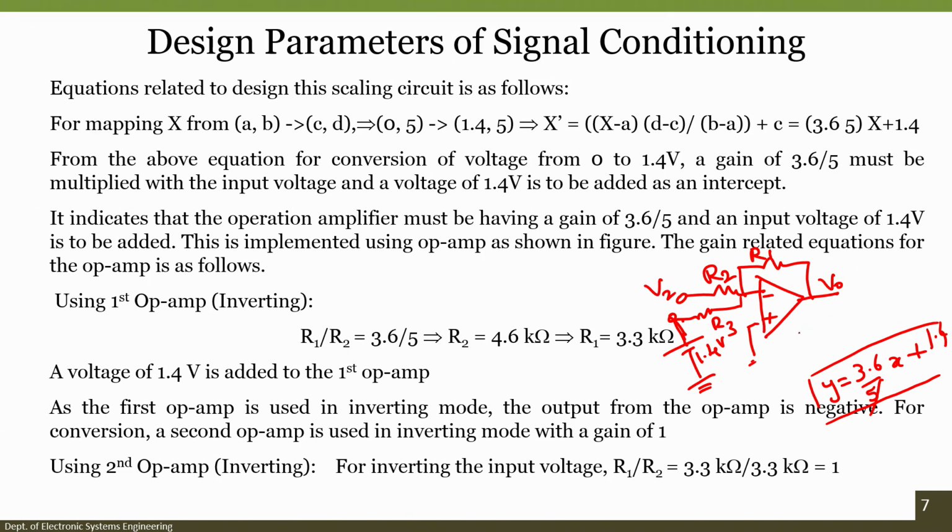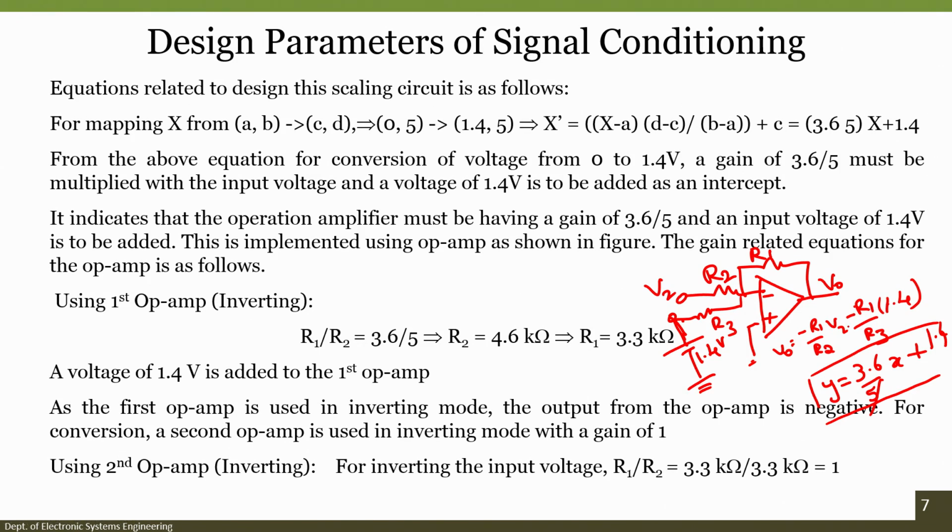So, how do you write the equation for this? V naught is nothing but minus R1 by R2 into V2, plus again minus R1 by R3 into 1.4, which is the input voltage.